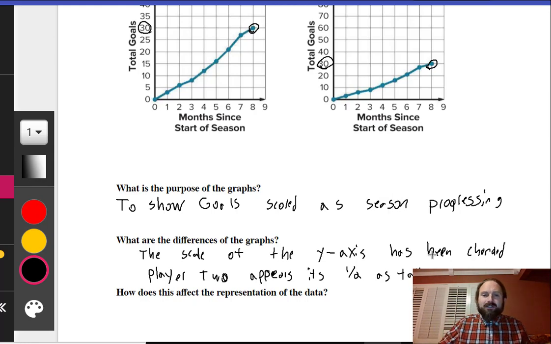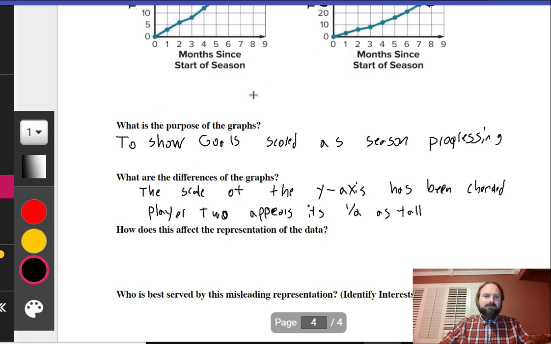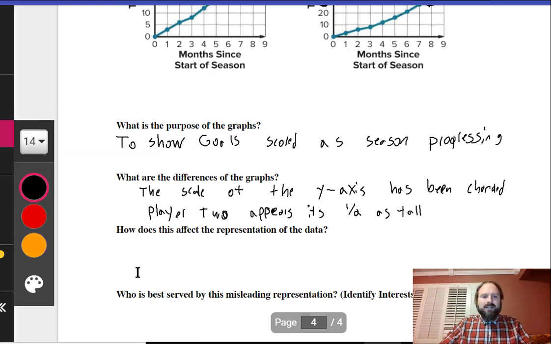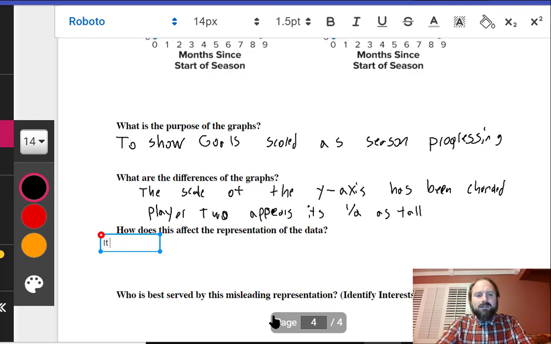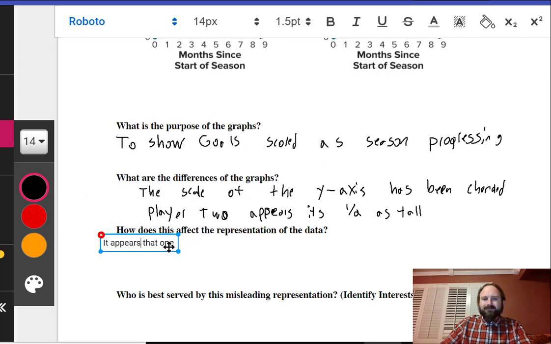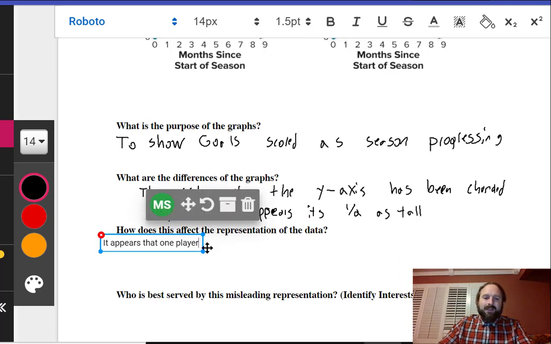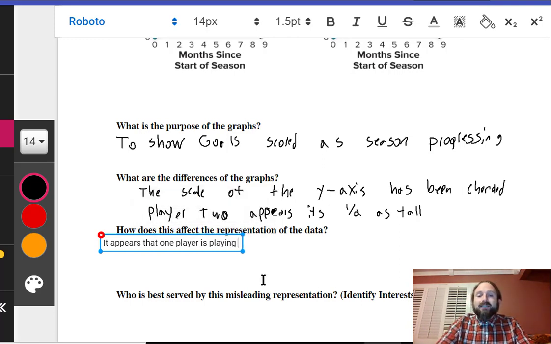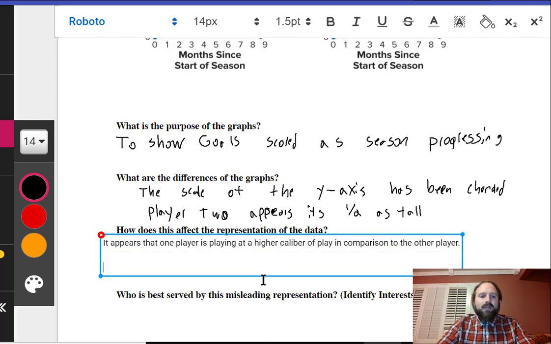So how does this affect the representation of the data? Okay, well, let's type it out. It appears that one player is playing at a higher caliber of play in comparison to the other player. Player 1 seems to be the better player.